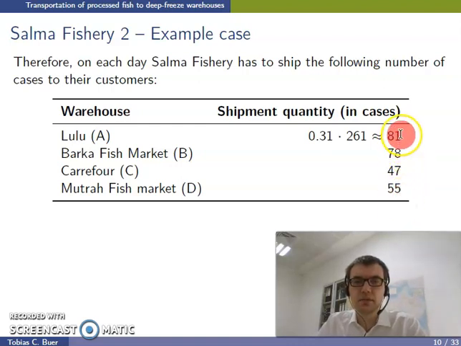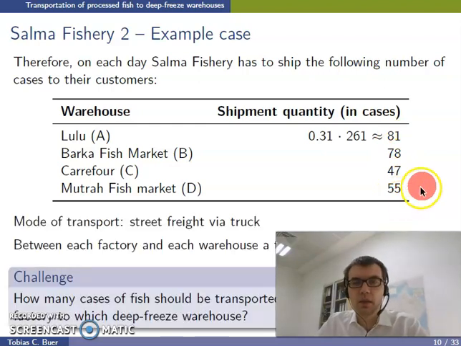It does not make sense here to write 81.5 cases, because we will only deliver full cases for the sake of simplicity. It's more effort to pack half a case or a third of a case and deliver it. We only deal with full cases, and these are the delivery quantities.